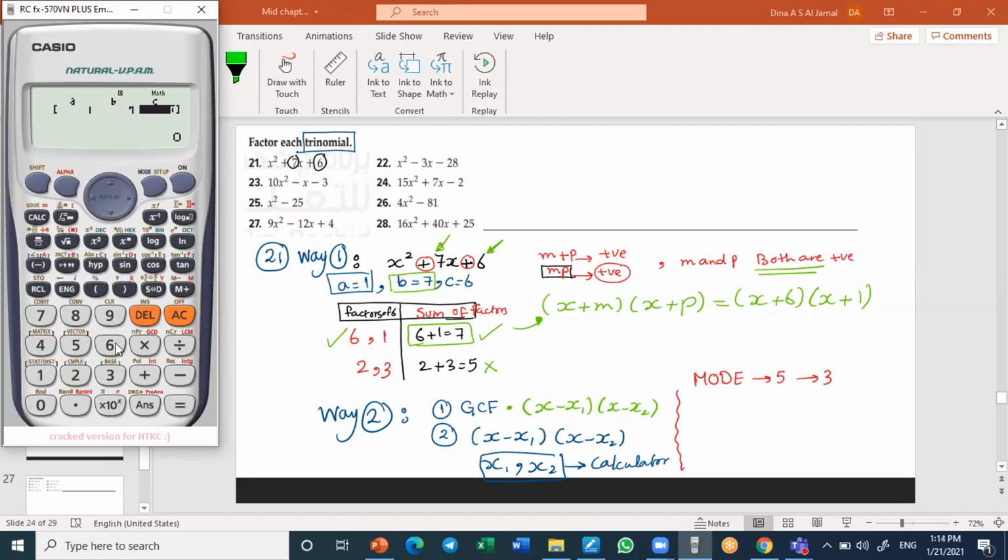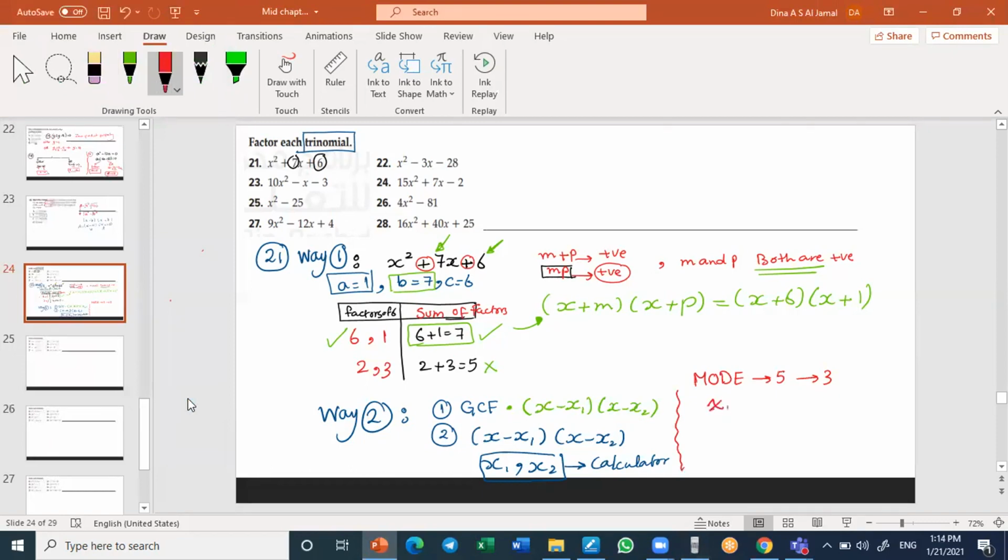Pay attention, the sign will be changing many things. So 6. Now you are getting x1 as minus 1, x2 as minus 6. So basically, your calculator is finding the solution for you.